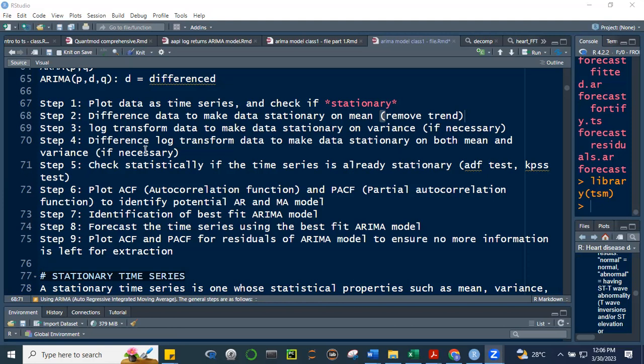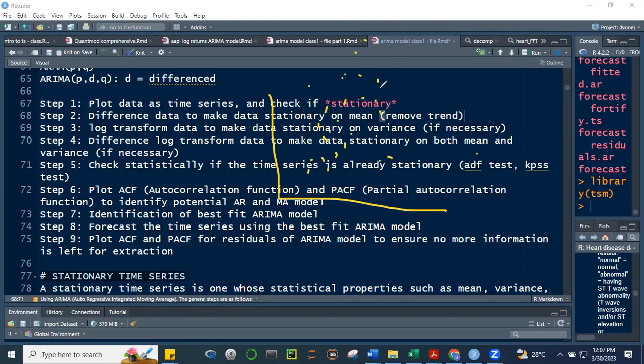Okay. Now, what about if the data has both a trend and non-constant variance? Again, let me plot that. What does it mean? So number one, yung data natin may trend. So it's going up.